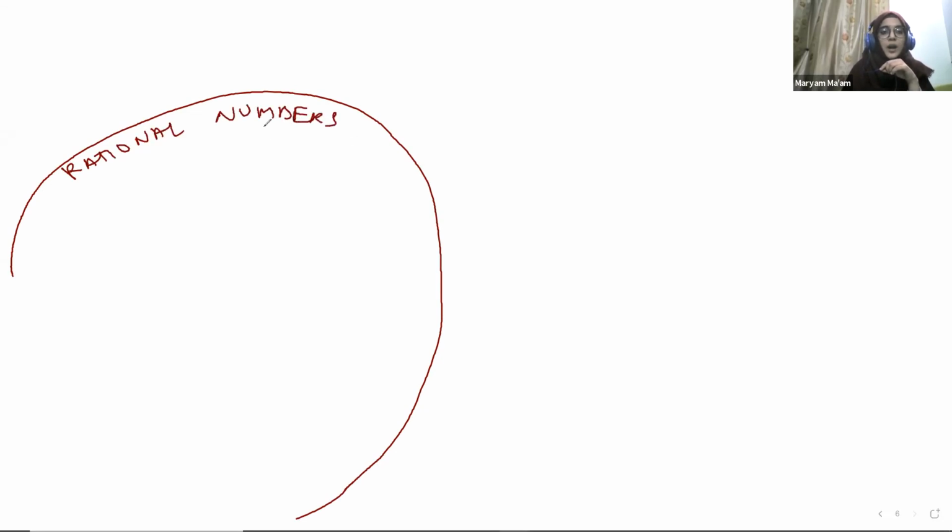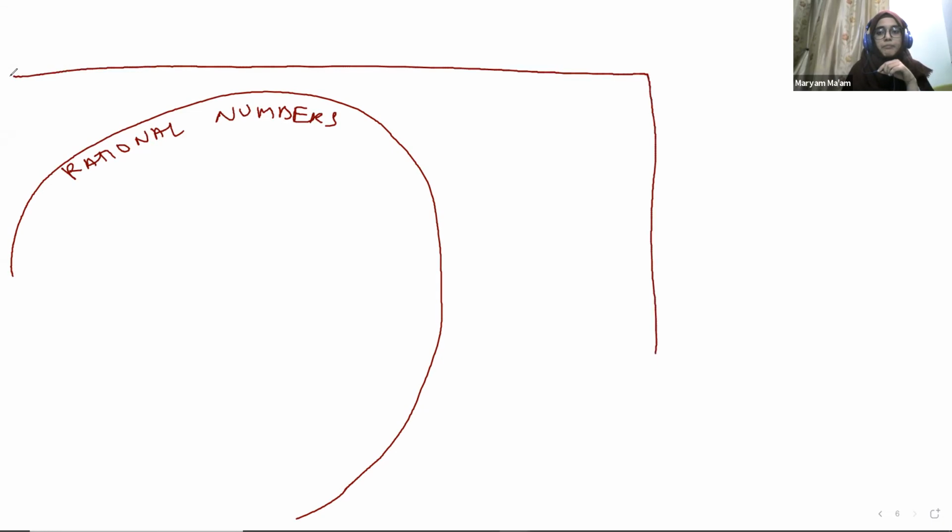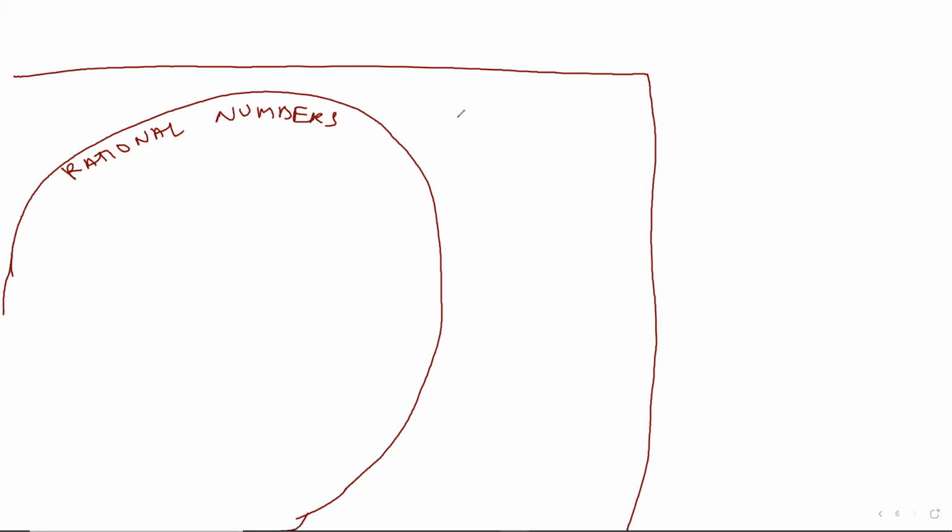And anything outside of this circle will be, what will it be? Veer? Anything outside of this circle of rational numbers will be, ma'am, irrational, I think. That's correct. So anything outside the circle will be irrational.